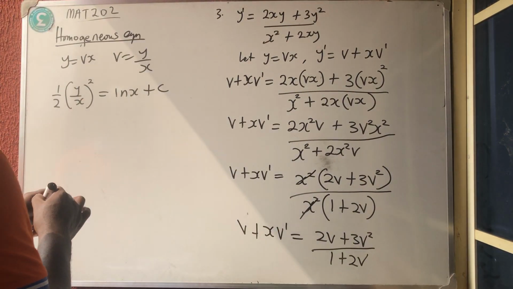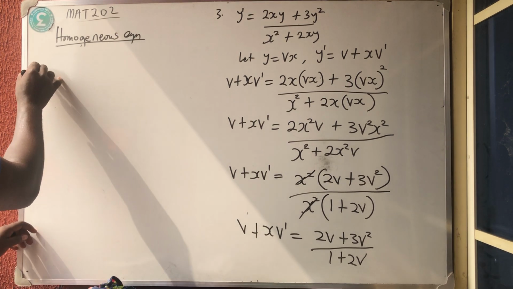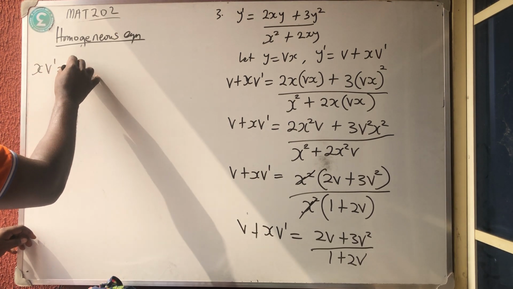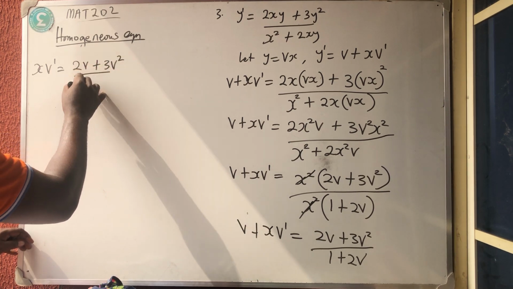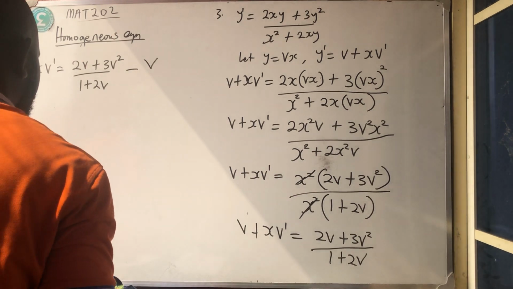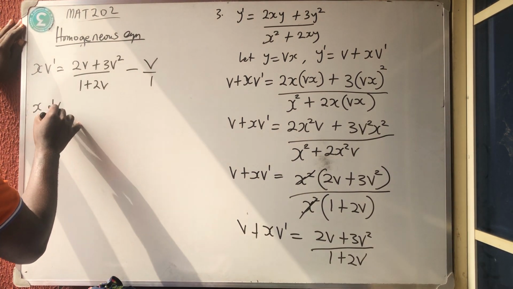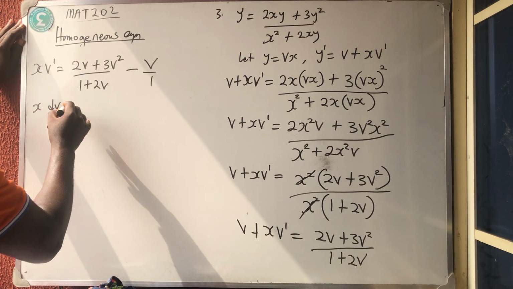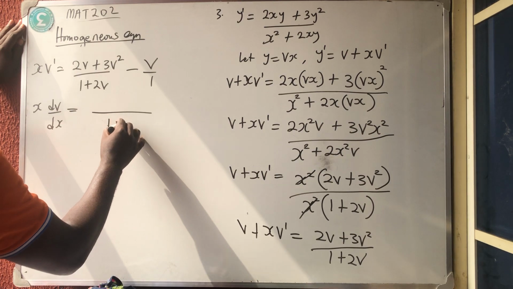So collect like terms. So I'm left with x v prime is equal to 2v plus 3v squared all over 1 plus 2v minus v. Okay, so this is v over 1. So let's do that. x dv dx, because v prime means dv dx, is equal to, LCM is 1 plus 2v.